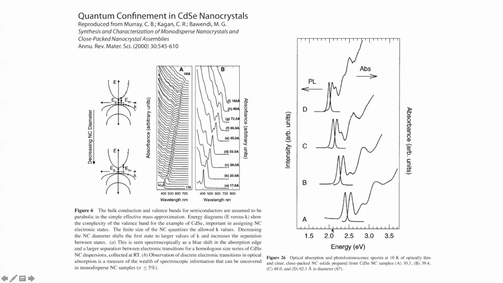It's red shifting, going to lower values of energy, which is longer wavelength. Okay, but in all cases, you can see that the photoluminescence spectrum sits right at the absorption onset for each of these materials. You can also really clearly see that the absorption onset for these materials is actually just a peak that has a characteristic width.